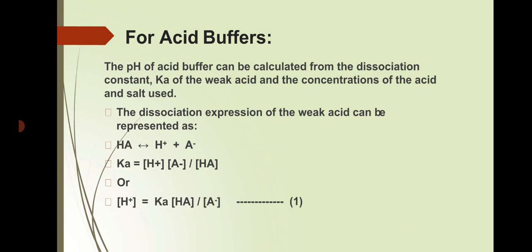Ka is equal to concentration of H+ ion into concentration of A- ion divided by concentration of HA, or concentration of H+ ion is equal to Ka into concentration of HA divided by concentration of A- ion.